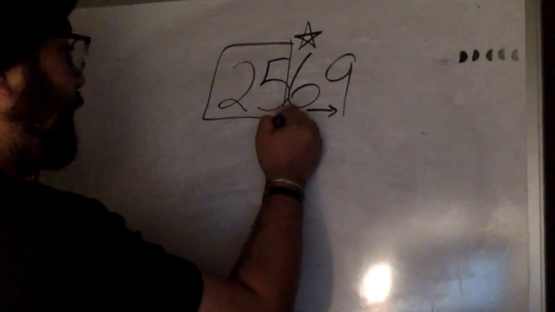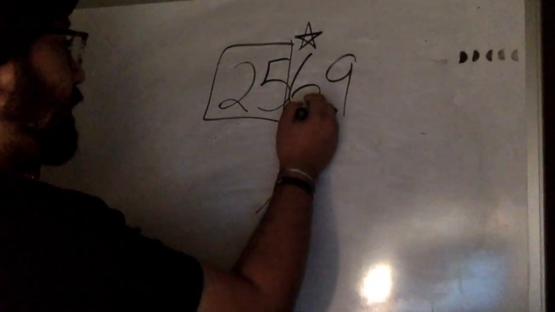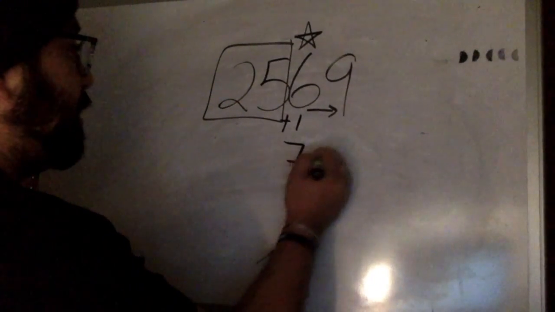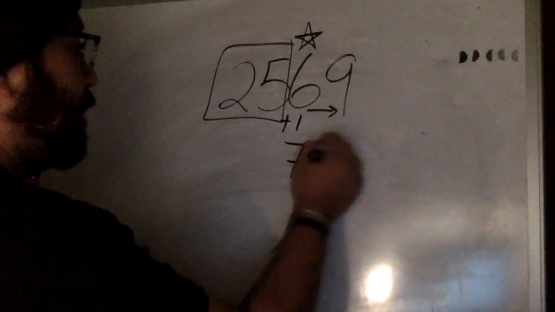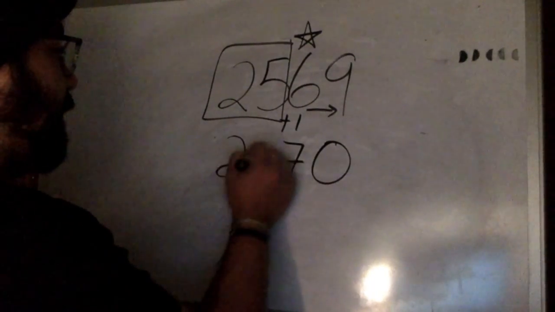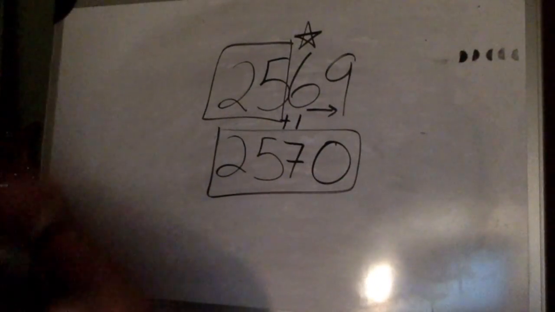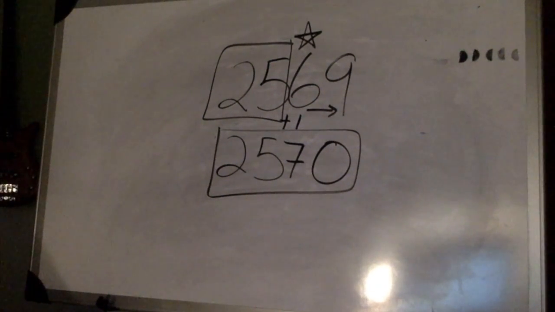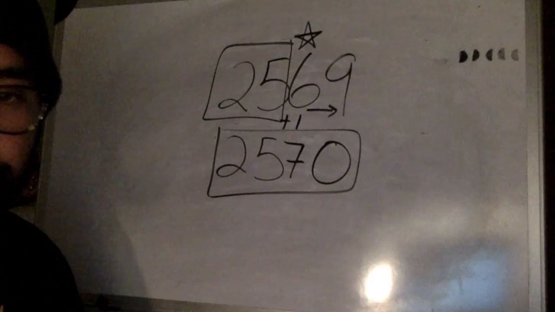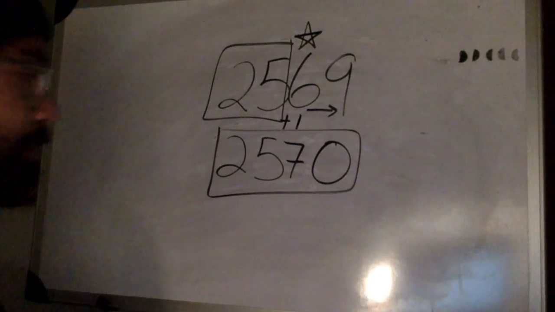So Cinderella gains 1 point. 6 plus 1 equals 7. And her sister turns into a pumpkin. And the royal family comes. 2,569 to the nearest 10 is 2,570.